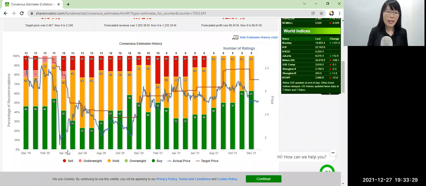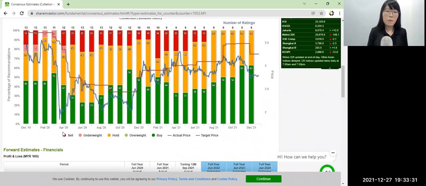So the red color stands for sell. The light red is underweight. Yellow is ask you to hold. The light green is overweight. Overweight means between the hold and buy.